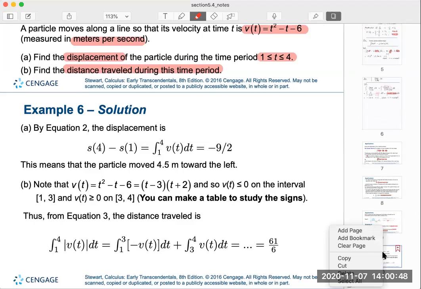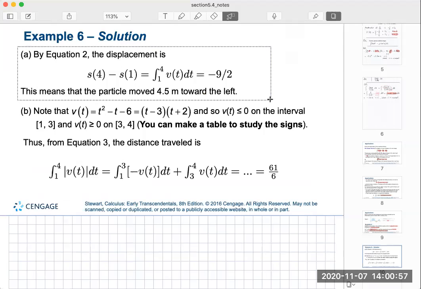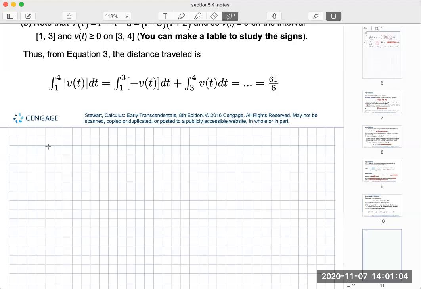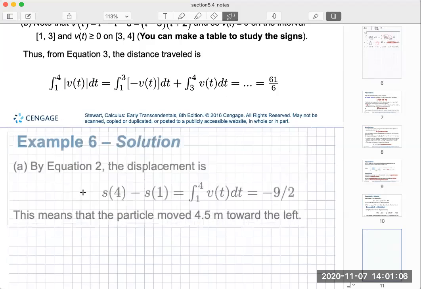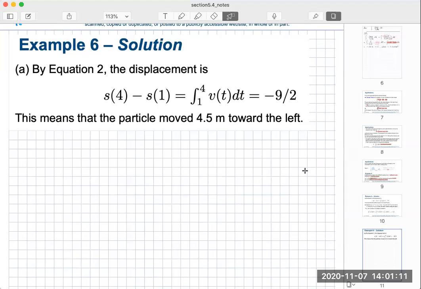Here is a summary, so it's very brief. But you can see a hint here. We just applied the formula, right? In order to compute the displacement, we compute the integral of the function v(t) from 1 to 4, right?